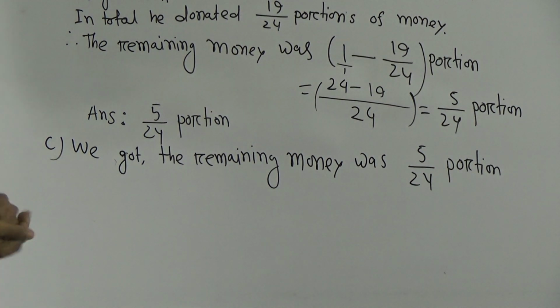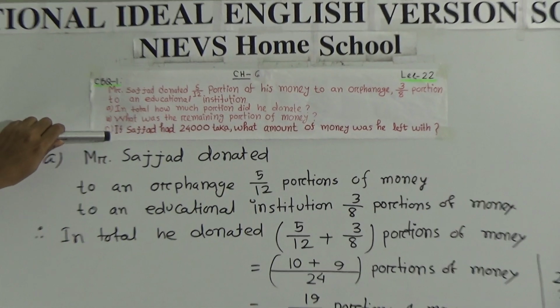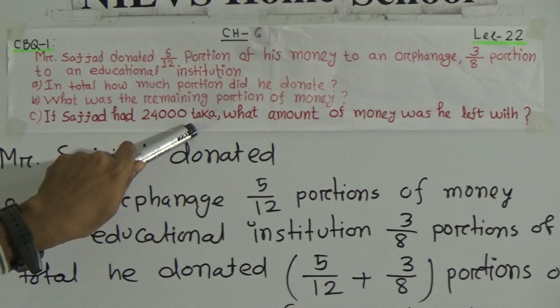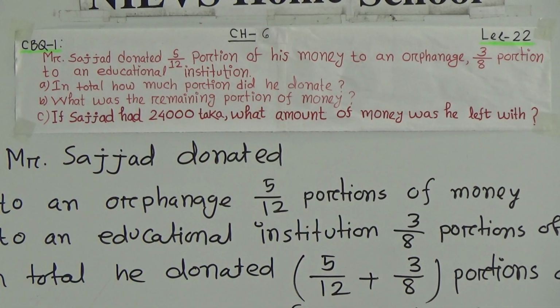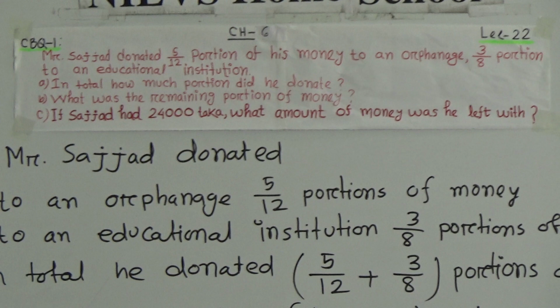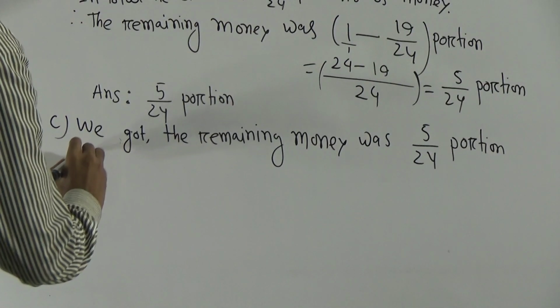Now you see the question again. If Sajjad had 24,000 taka, what amount of money was he left with? Okay? Now write here.